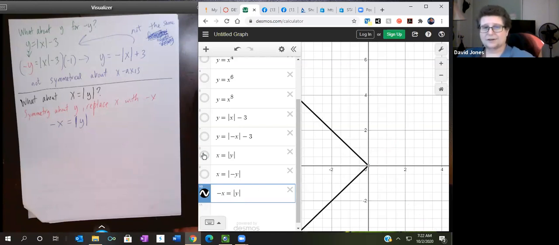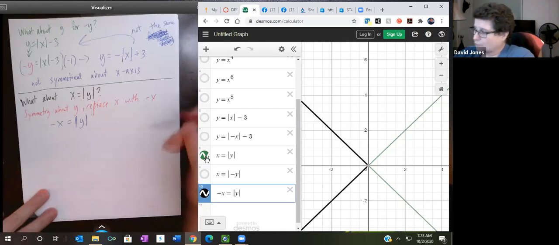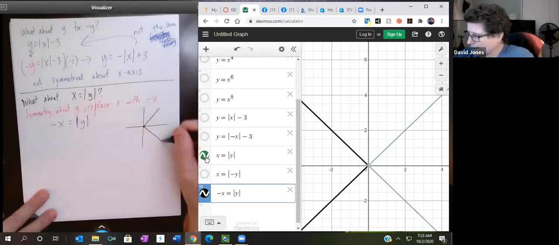Comparing these two, though, they're not the same. When we said replacing something with a negative sign flips it across the axis, that's what it's doing here, but symmetrical graphs match. So if we draw this by hand, x equals the absolute value of y is like that.